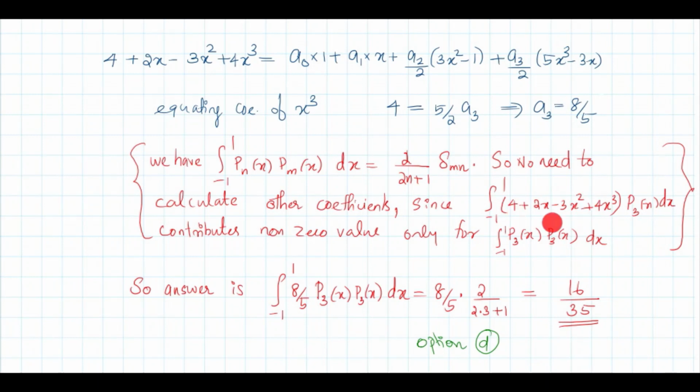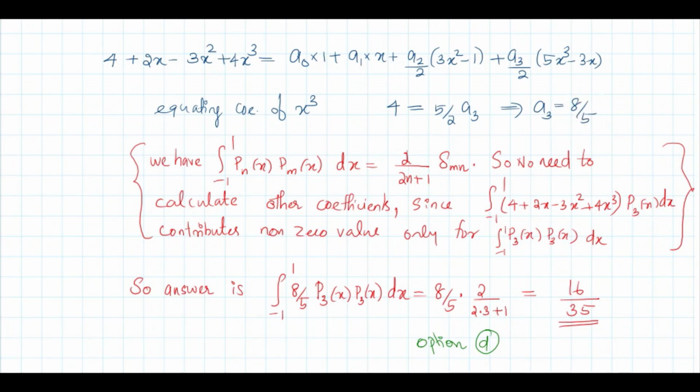So you have to worry only about the P3 term here, and the coefficient of the P3 term is a3. No need to calculate a0, a1, a2 because all of those contribute 0. The only non-zero term is the integral from -1 to 1 of 8 by 5 P3(x) P3(x) dx.